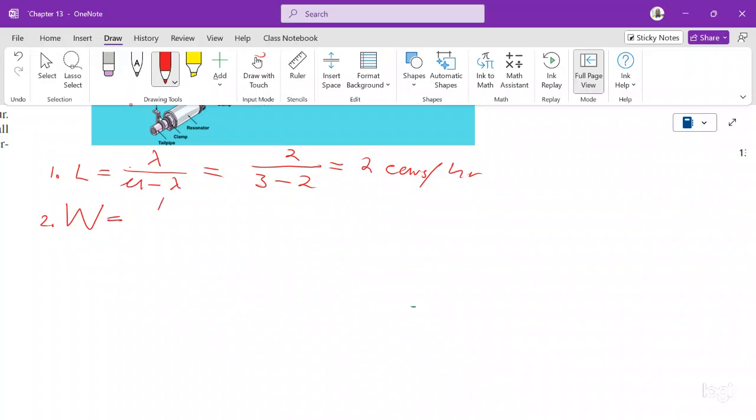Then number 2, based on the formula sheet, you have W, the time spent in the system, which is 1 over the service rate minus the arrival rate, equals 1 over 3 minus 2. So 3 minus 2 is 1, and 1 over 1 is 1.